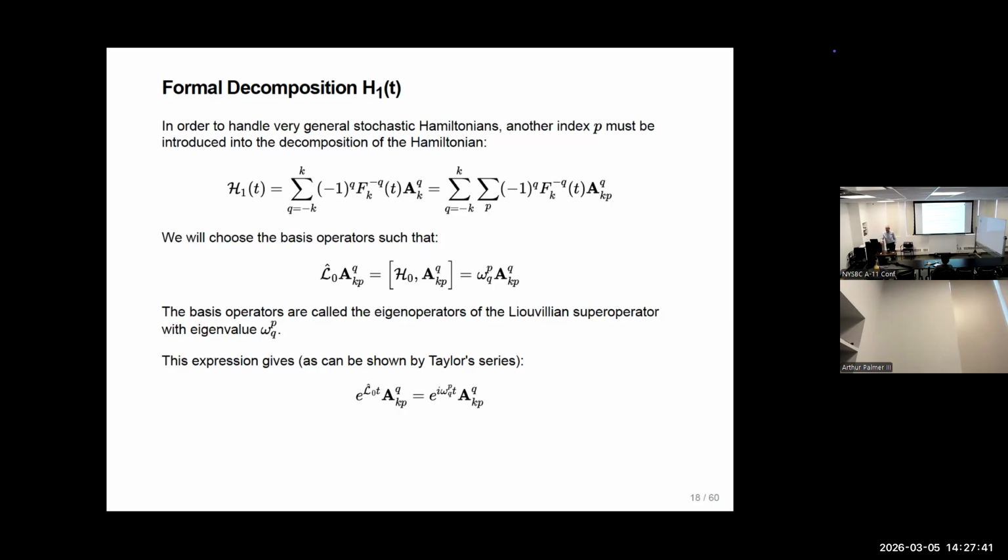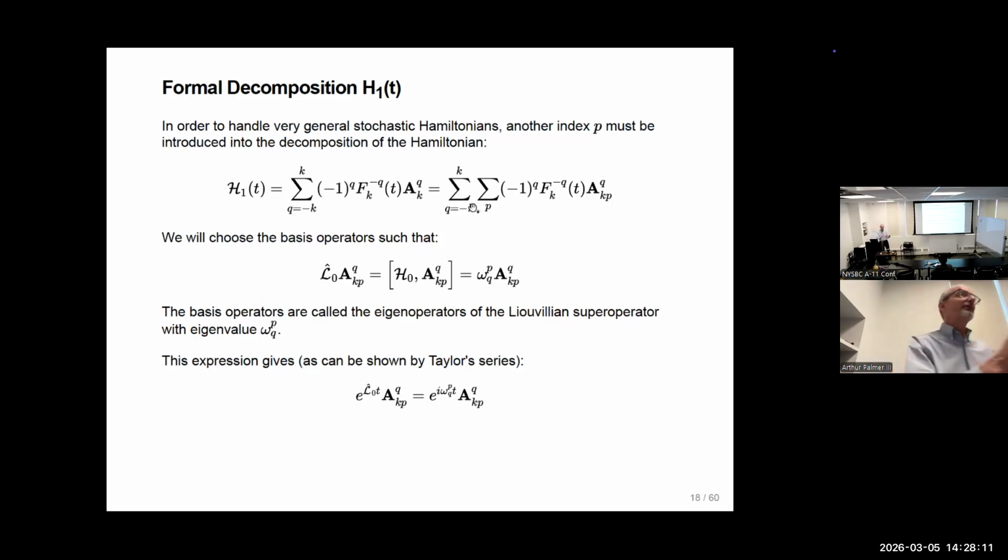It's not necessarily obvious, but we should choose the basis operators so that L naught acting on the basis operator is an eigen equation. So the commutator with the operator gives back a number, in this case a frequency, times the operator itself.